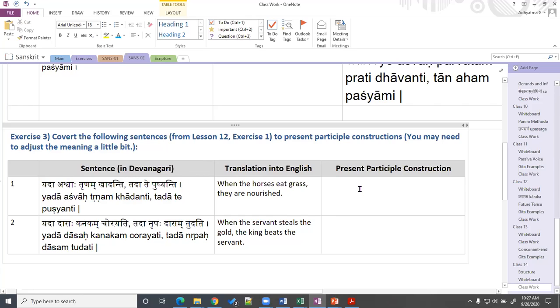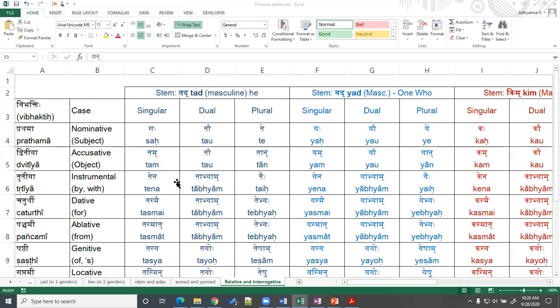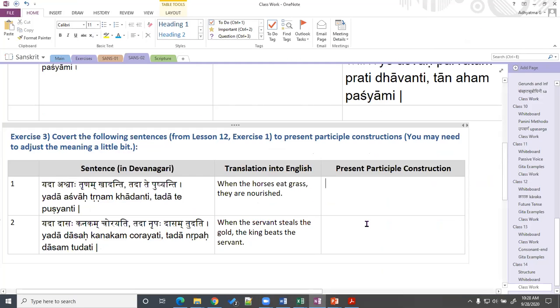How do you first convert them into a yattad sentence? Instead of yada, you will use the form of yat. Ashwaha is plural, so you will use ye, the plural form. So you will say here, ye ashwaha trinam khadanti.